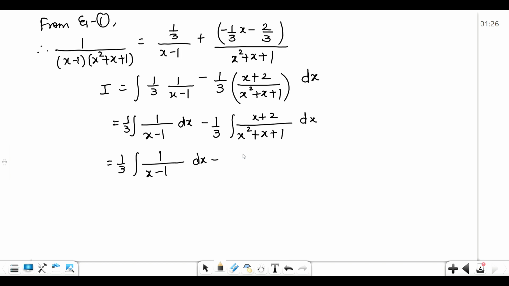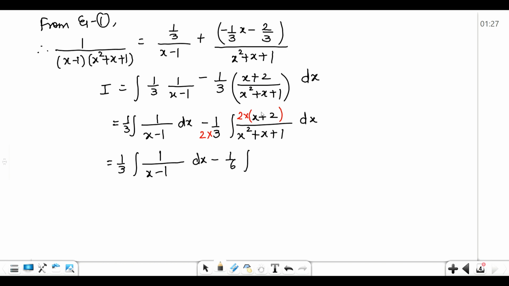Okay, so for that we need 2x plus 1 in the numerator. So for that, what we can do, we will just do a small change here. We'll multiply 2 in the numerator as well as in the denominator. Okay, so that will give you what? 1 upon 6 integration.